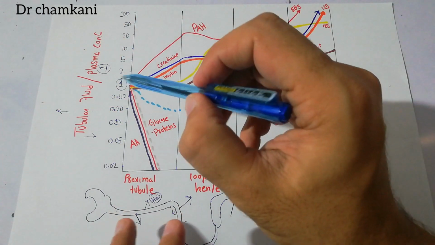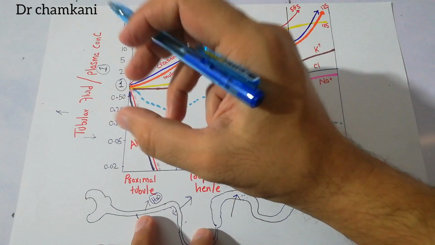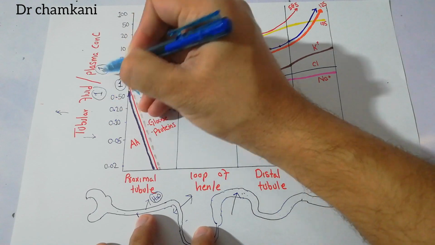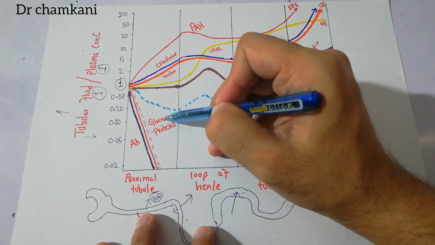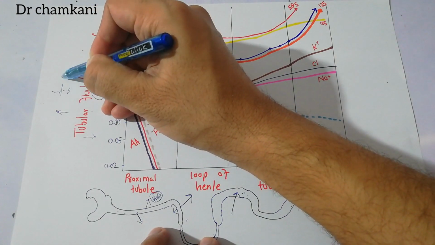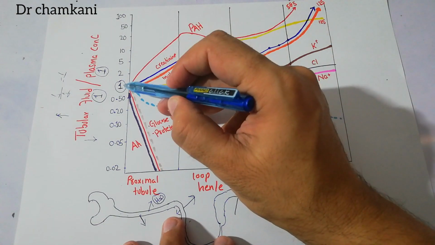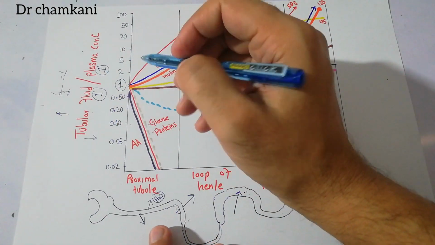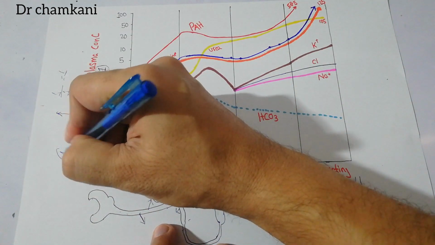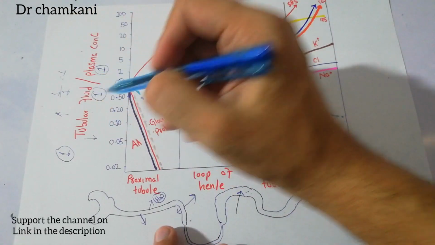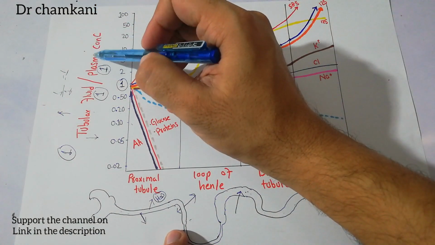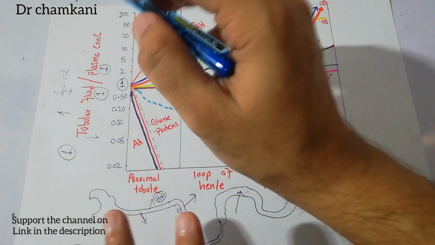And now, if the concentration of glucose in the tubular fluid decreases, for example, initially the tubular fluid concentration was 1 and the plasma concentration was 1. So 1 by 1 is 1. Now, any decrease below 1 will show a decrease in the concentration of glucose in the tubular fluid, because we have assumed that the concentration of that particular solute in plasma remains the same.